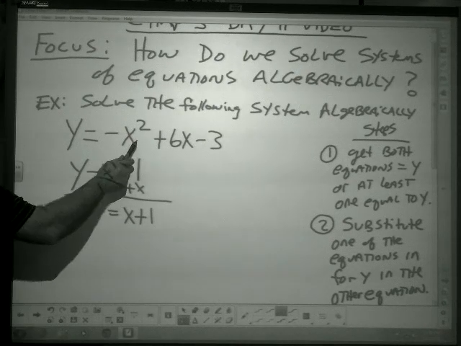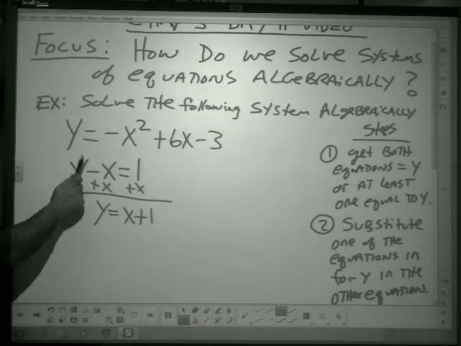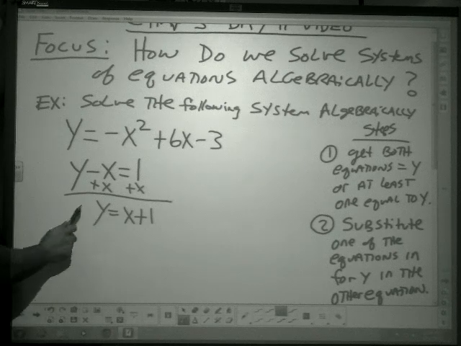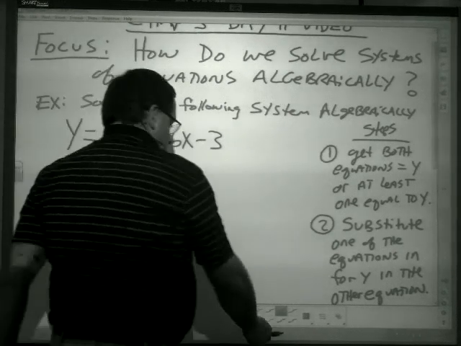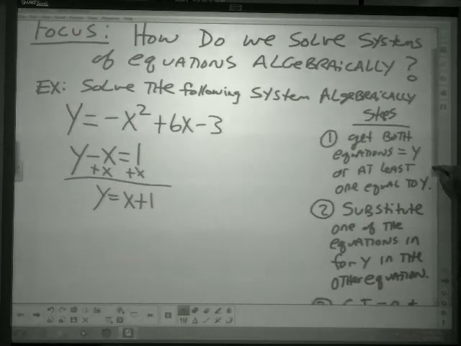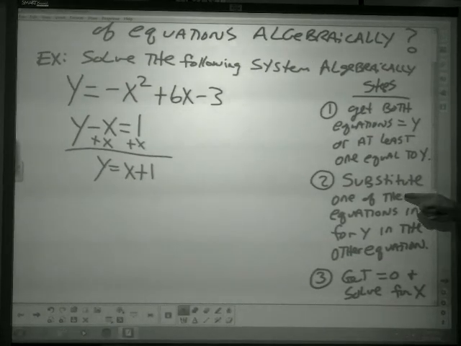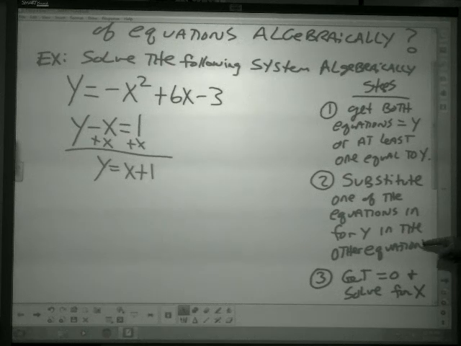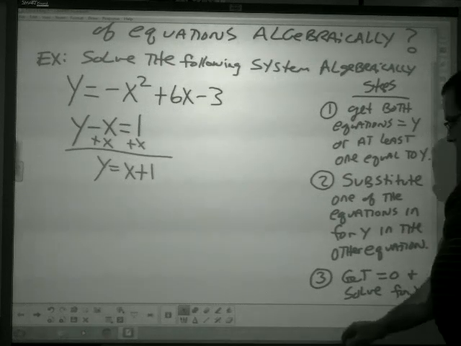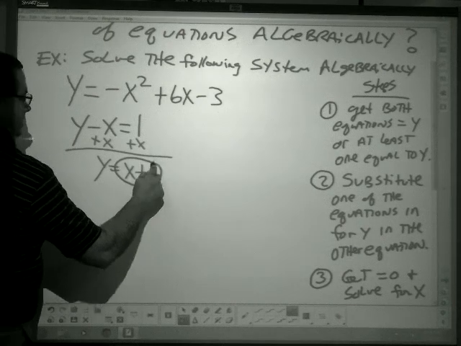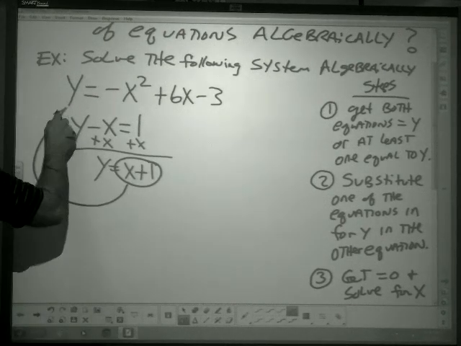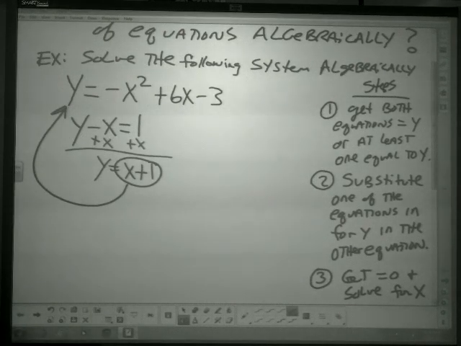Alright. So if this is equal to y and this is equal to y, then these two must be equal to each other. So notice step 2, substitute one of the equations in for y in the other equation. So I'm going to take all of this, since this is equal to y, and plug it in right there where y is.